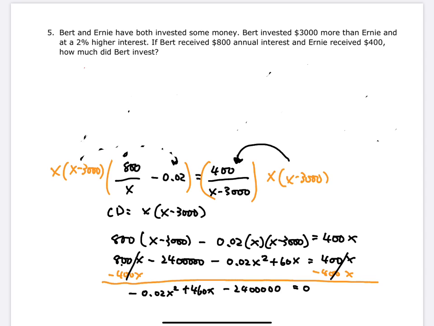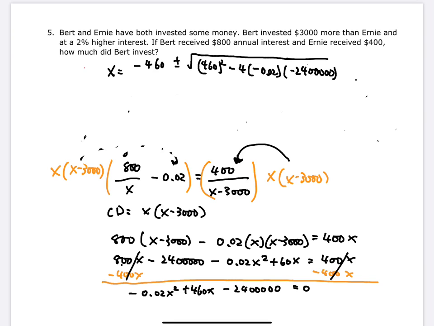So x equal negative 460 plus minus square root of 460 squared minus 4 times negative 0.02 times negative 2,400,000, over 2 times negative 0.02. So a little bit of work.